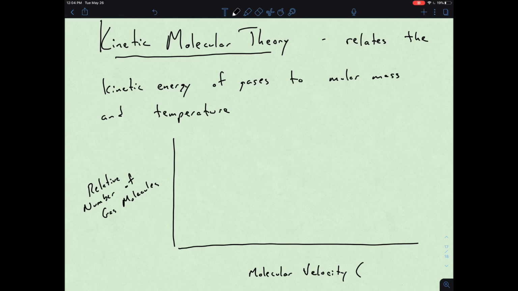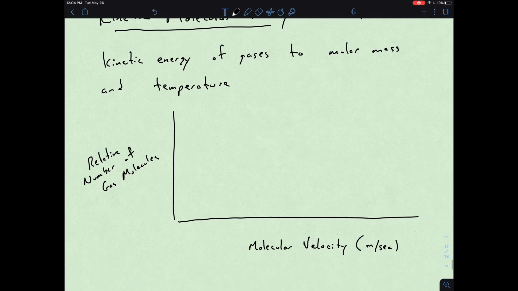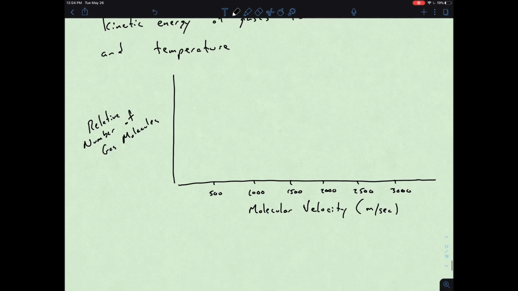And that's going to be in meters per second. So we could look at these as incremental, going up by 500 meters per second, maybe up to 3,500 meters per second.